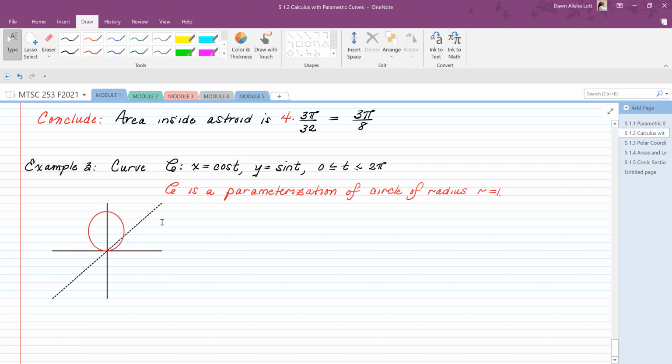So I have this circle and I want to rotate it around the x-axis.